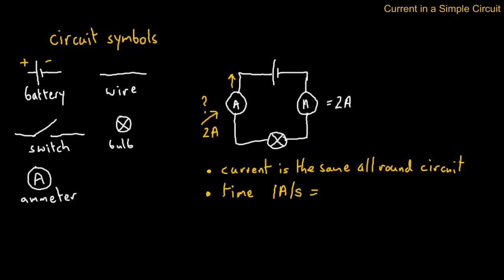We call that a coulomb. So we could say a coulomb, C, equals the amps per second. So that would be the calculation for coulombs.